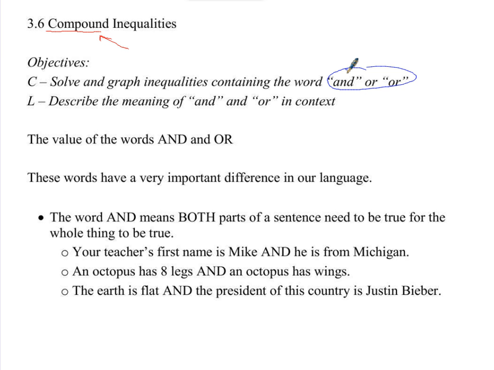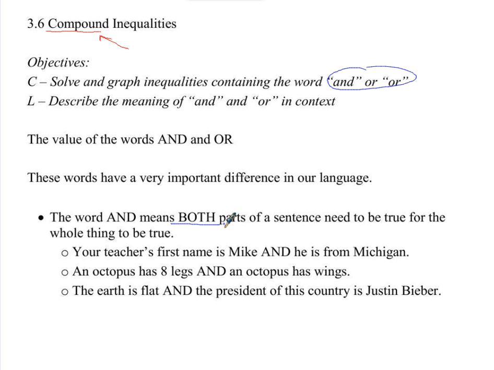In the English language, and and or have a very important difference. And means both parts of a sentence need to be true for the whole thing to be true. If one part is false, then the whole sentence is false. If both parts are false, the whole sentence is obviously still false. But if both are true, then the sentence is true.